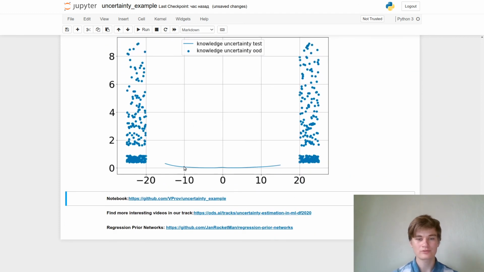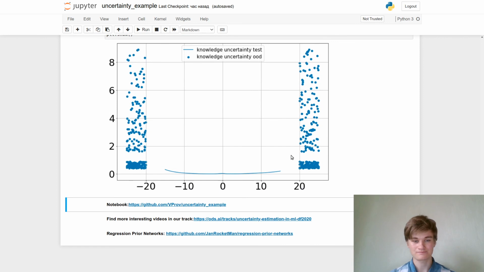So we have knowledge uncertainty that grows outside our trained data regions, and it is quite big in our out-of-domain examples. So this will allow us to calculate good ROCAUC scores for our out-of-domain classification.